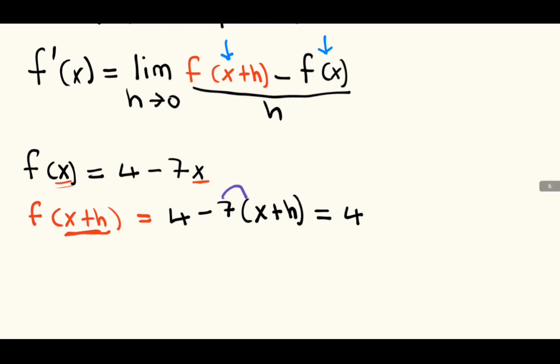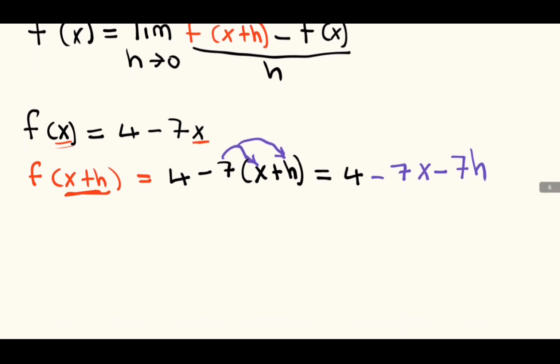So this negative, we will distribute it inside the parenthesis. So negative 7 multiplied by x will be equal to negative 7x. Negative 7 multiplied by h will be equal to negative 7h. So let me bring the h closer, negative 7h.